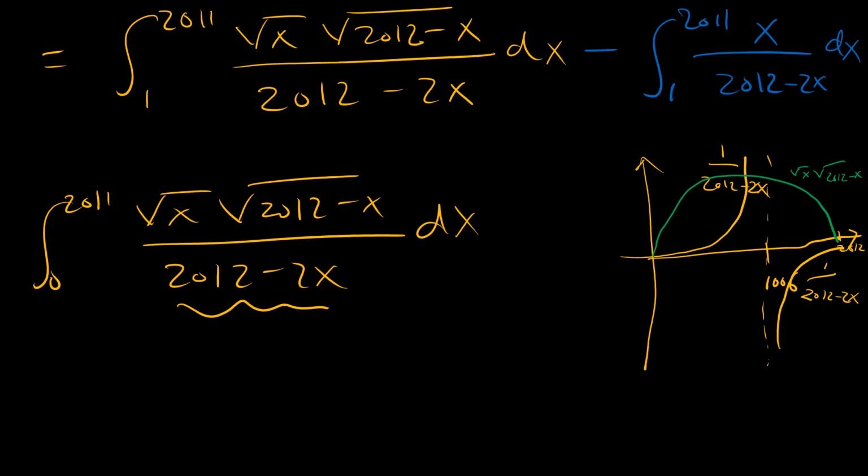So what that means is that this function is going to be something like that, right? And something like that, because it is symmetrical along the 1006.